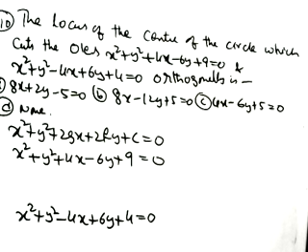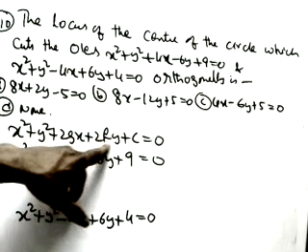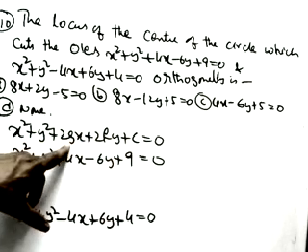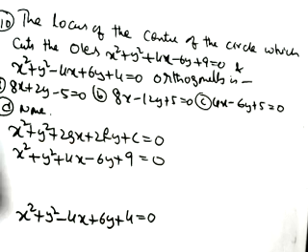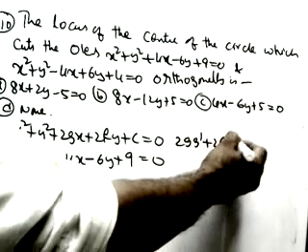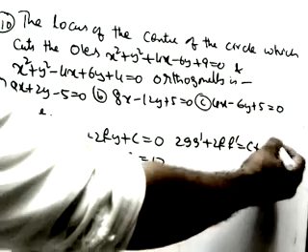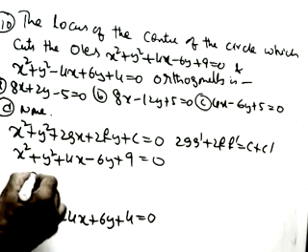Now see the question: the locus of the center of the circle which cuts the circles orthogonally. Let me take the general form, x square plus y square plus 2gx plus 2fy plus c equals 0. Let this be the circle. Now this circle is orthogonal to these two circles. So we can use the condition of orthogonality: 2gg' plus 2ff' equals c plus c'.